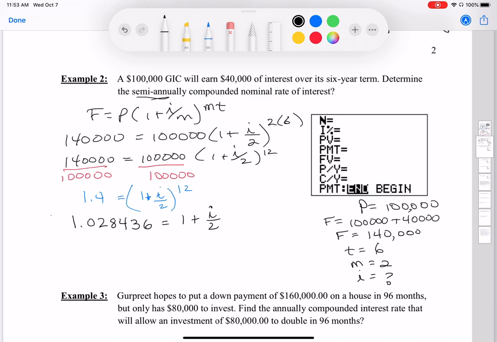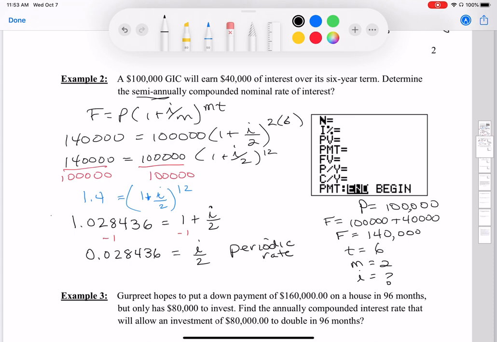All right, now we're ready to tackle what is inside the brackets. So we're going to subtract 1 from both sides of the equation. And we're left with 0.028436 for I over 2. Remember that when we have solved for I over 2, what is that again, my fine folks? That is the periodic rate.